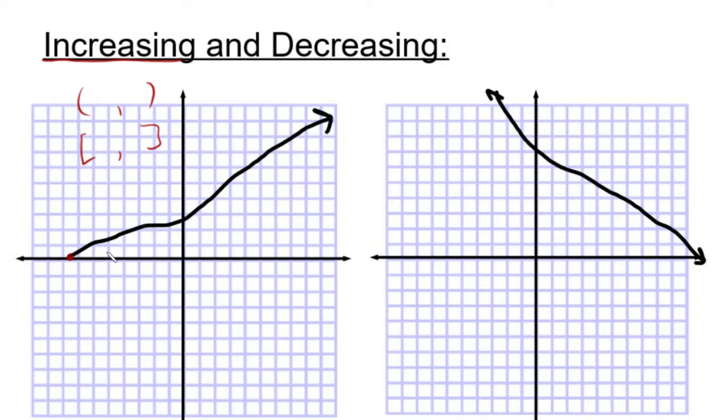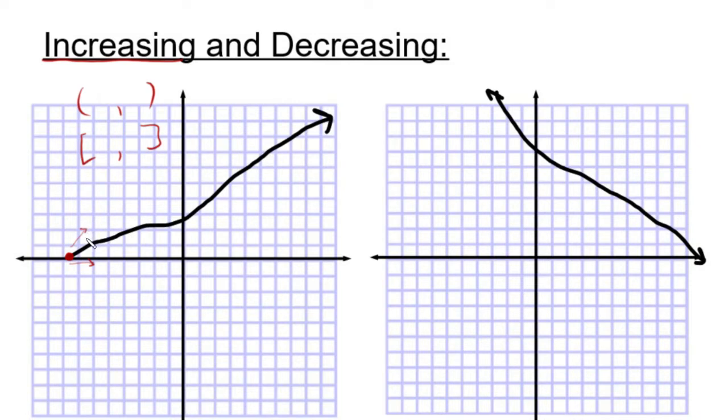The more you go right, the larger your x values. So you start looking at a point, and as I look to the right, if my y values are consistently and only going up, then you have stumbled upon an interval of increasing.